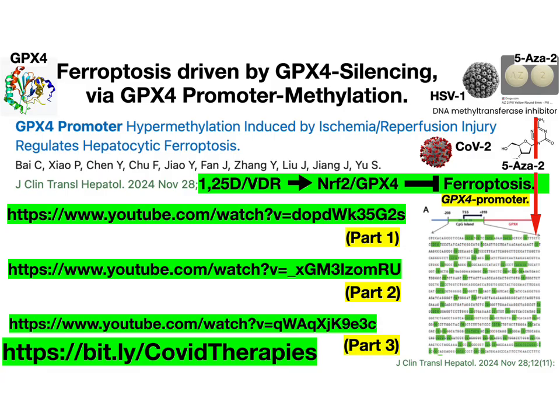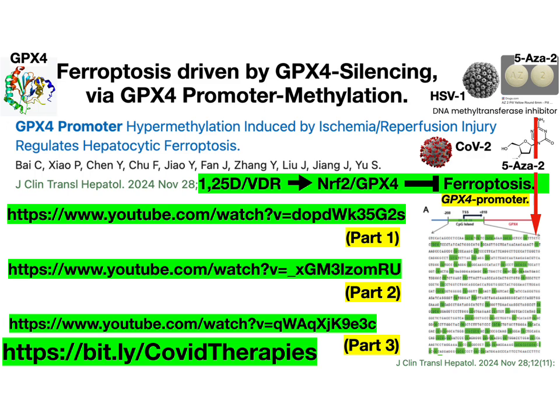So in closing, I would encourage you to view several other YouTubes on this channel pertaining to ferroptosis being driven by gene silencing. In this case, silencing of the GPX4 gene. And this occurs by hypermethylation of the GPX4 promoter region.